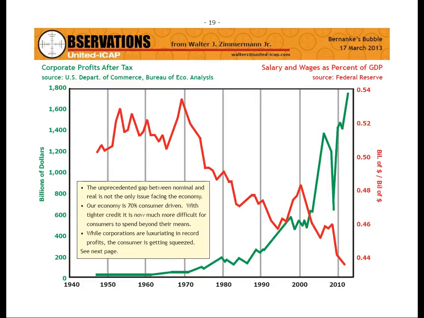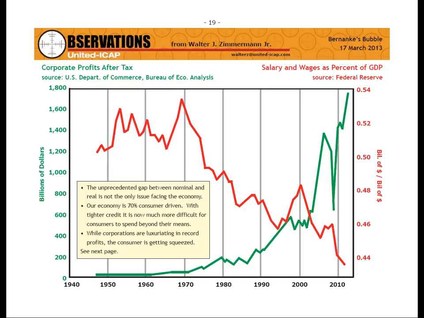Now, there are other issues here that I want to touch on, and it looks like I'm going to be going for a few more minutes here. But the contrast between nominal and real is not the only affliction currently being suffered by the stock market.